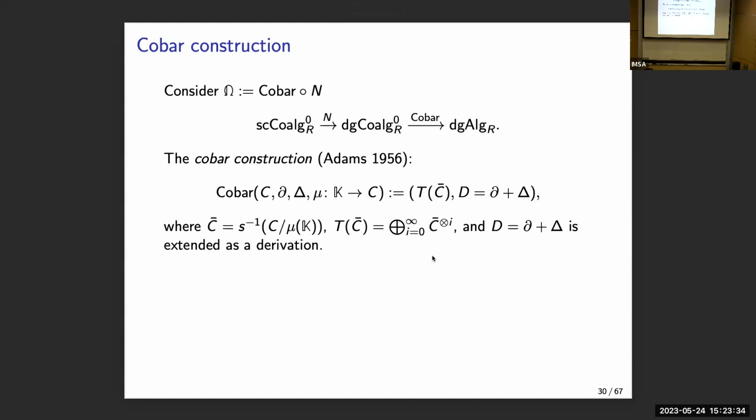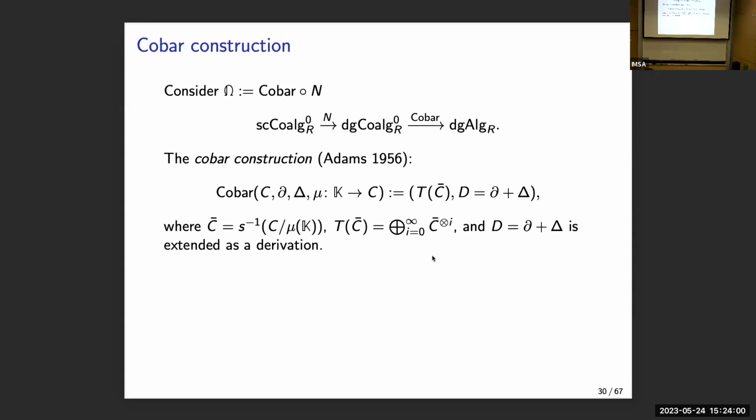So the cobar construction, or the cobar functor, takes as an input a co-associative differential graded coalgebra C. This is the differential, this is the coproduct, assumed to be co-associative, and this is a co-augmentation. That's part of the initial data, which in our case is just an isomorphism, because I'm assuming C is connected.